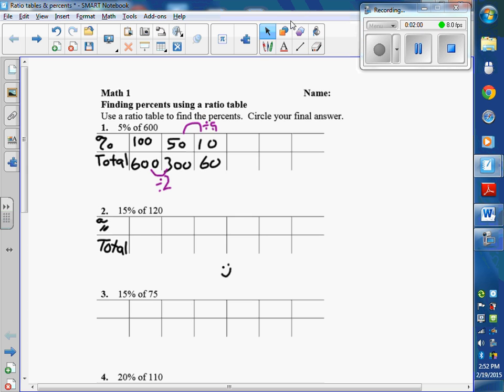Okay, so you're close. Now 5%. I'm going to divide it by 2 because 10 divided by 2 is 5. So divide by 2. 60 divided by 2, right? 30.